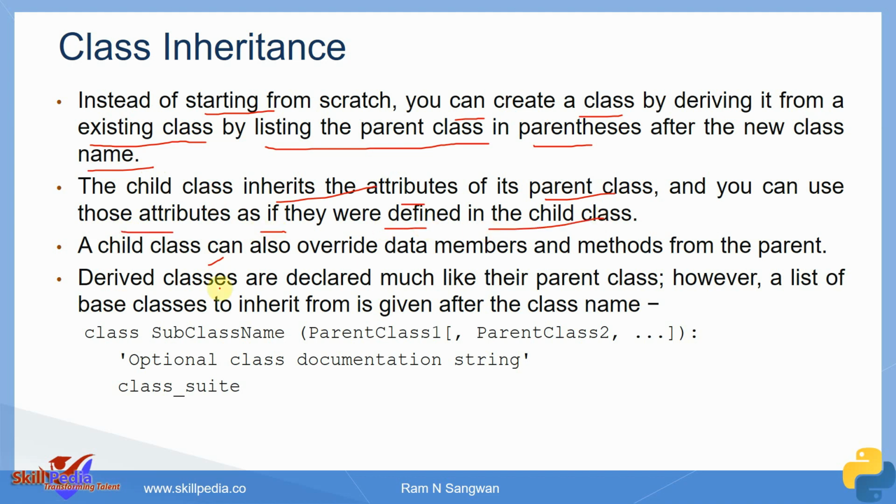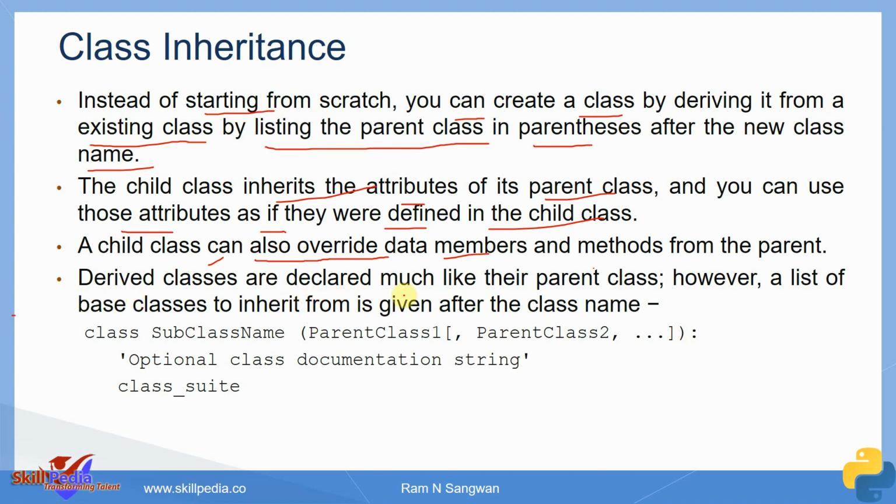A child class can also override data members and methods from the parent, which means you can give your own meaning to a given method in the child class. The method which has one meaning in the parent class, you can override it.